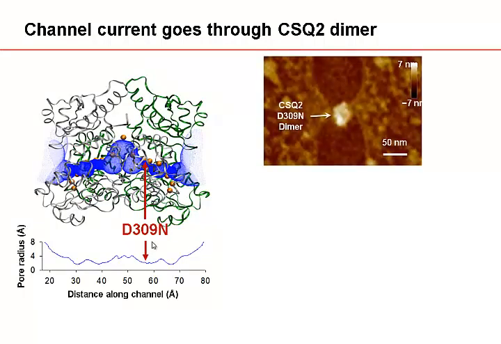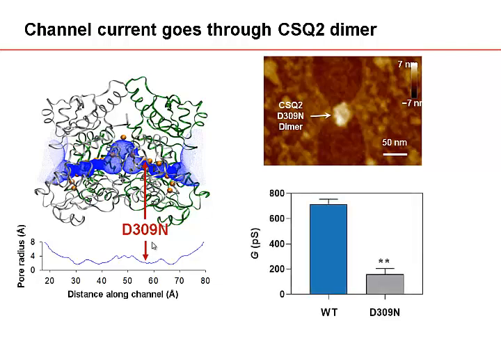Atomic force imaging and other experiments showed that the mutation did not influence the dimerization of CSQ2. Nanoelectronic measurements showed that the 309 replacement suppressed the conductance by 76%, indicating that at least 3/4 of the total conductance was carried through the channel.